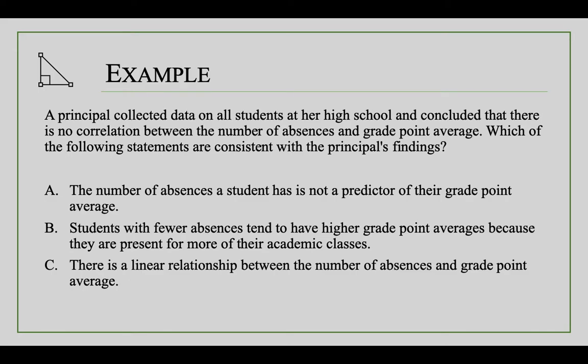Or C, there is a linear relationship between the number of absences and grade point average. Give you a moment to think about that. If you said A, the number of absences a student has is not a predictor of their grade point average, you are correct.